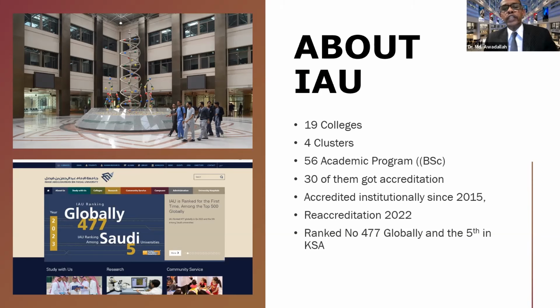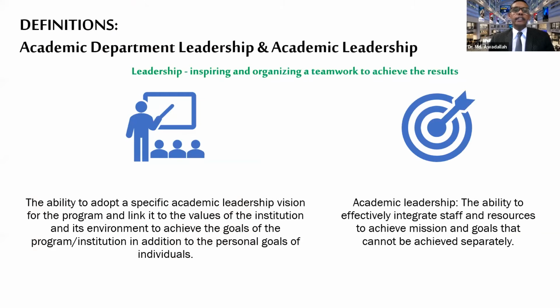So according to the experience of those programs that got accreditation, I am providing the conclusion on the challenges facing these academic programs. It is accredited institutionally since 2015 and is going to be re-accredited in 2022, and it has a good ranking, less than 500 in the QS ranking.